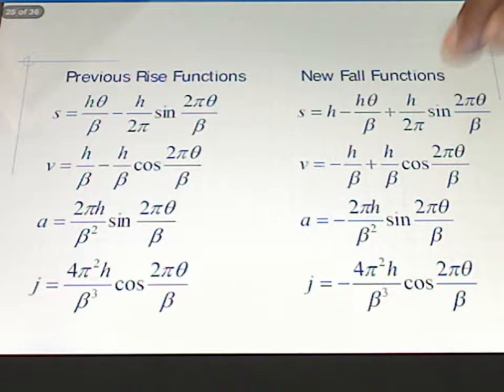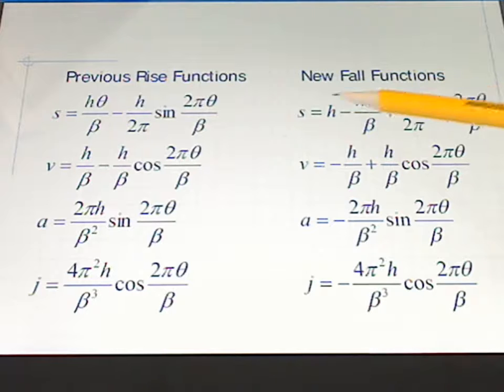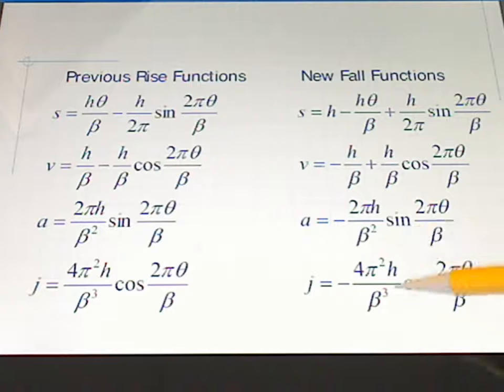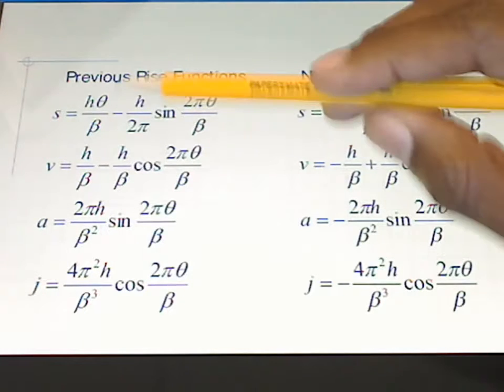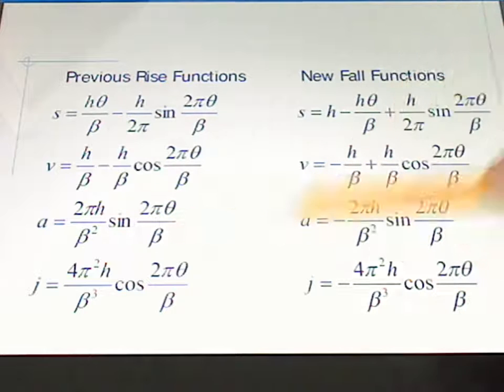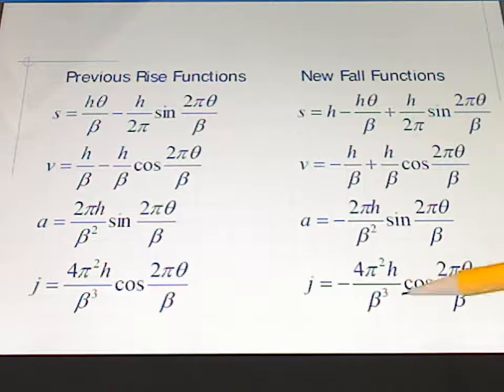If we look at our function here, we start at h when theta is equal to 0. This will be gone. This will be gone. So we're starting at h for our position, and then we're going to fall. These are our fall functions, and these are our rise functions. Here we see position, velocity, acceleration, and jerk for the rise, and position, velocity, acceleration, and jerk for the fall.